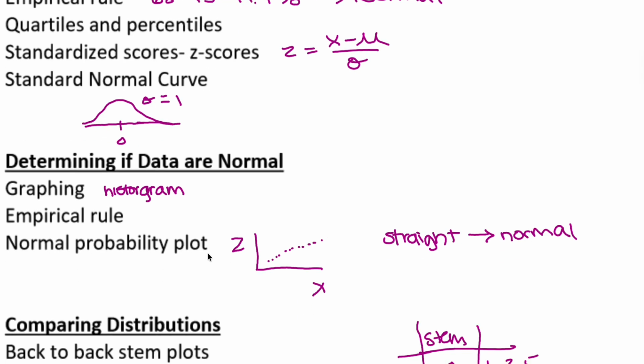For normal probability plots, you will find the probability plot on your calculator, and you can see how it looks. If it's straight, then it's normal. The straighter the plot is, the more normal the data are. If it's pretty curvy, then you know it's not normal.